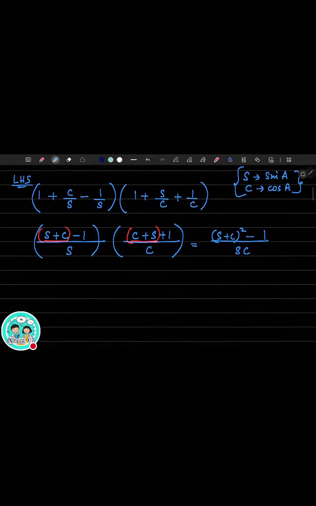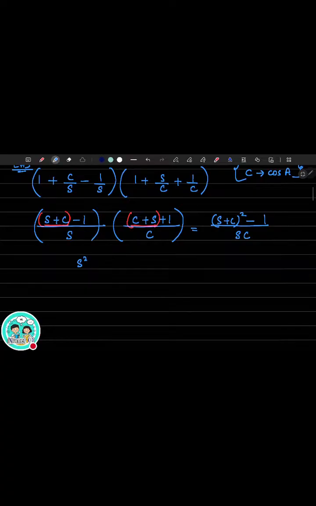So now you can just open the brackets and use the formula: sine square plus cos square plus 2 sine cos minus 1, whole divided by sine into cos. Again, what is sine square plus cos square A? It's equal to 1.